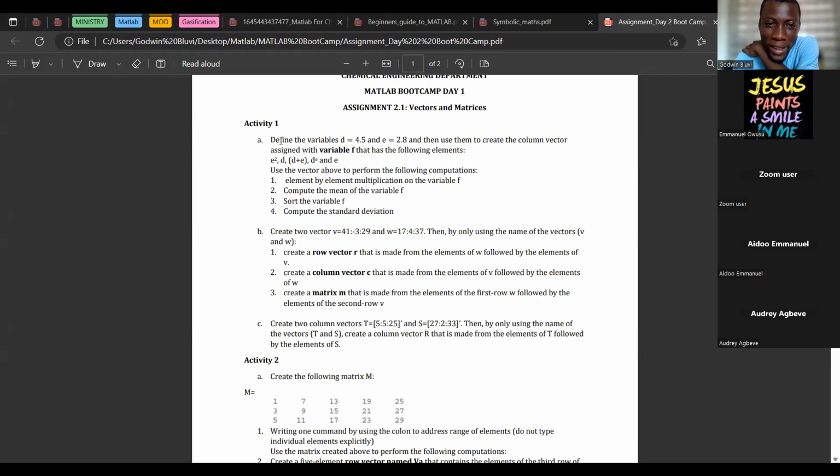It says define the variables D. So D was what? D is 4.5, right? Then E is what? Can someone read for me? What's E? 2.8. E is 2.8, right? Okay, that's fine.